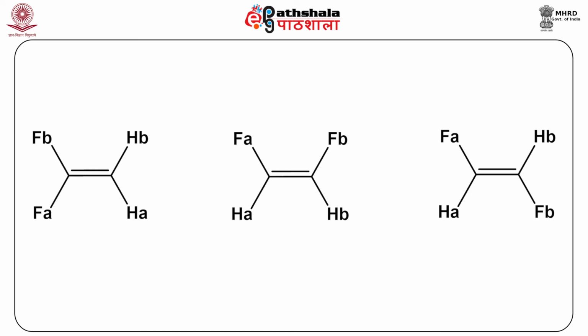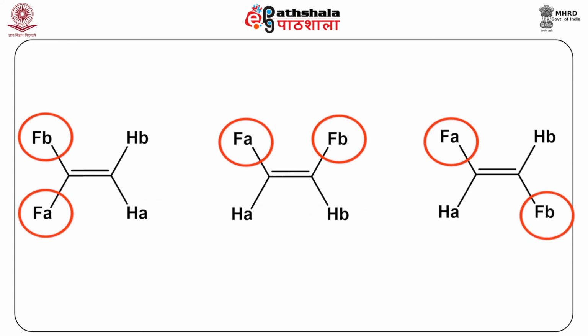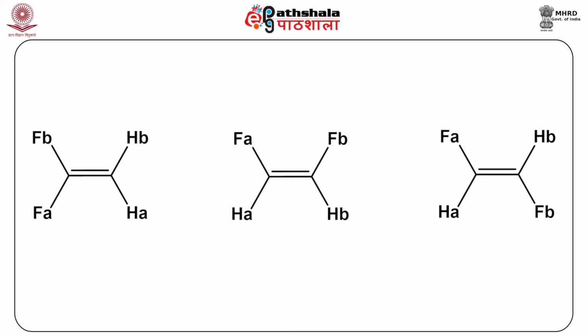Now, students, it is clear from the symmetry that the 2 protons as well as the 2 fluorine atoms are chemically equivalent, but due to the fixed stereochemistry of the molecule, that is restricted rotation about the double bond, as you can see here, the protons and the fluorine atoms are magnetically inequivalent.